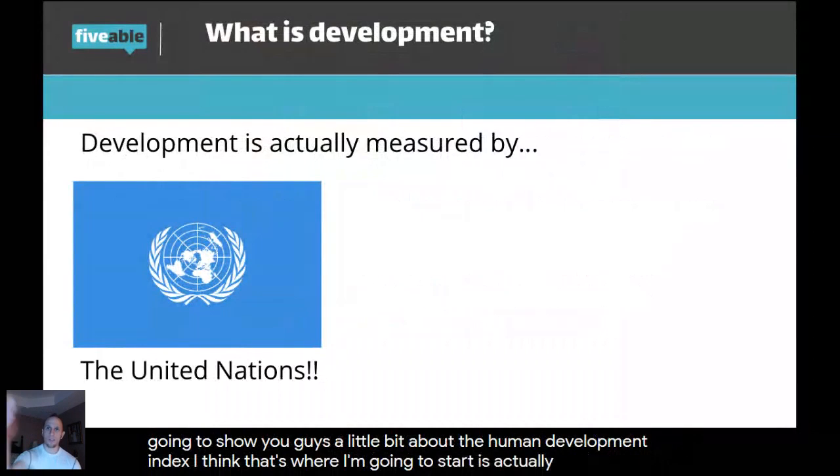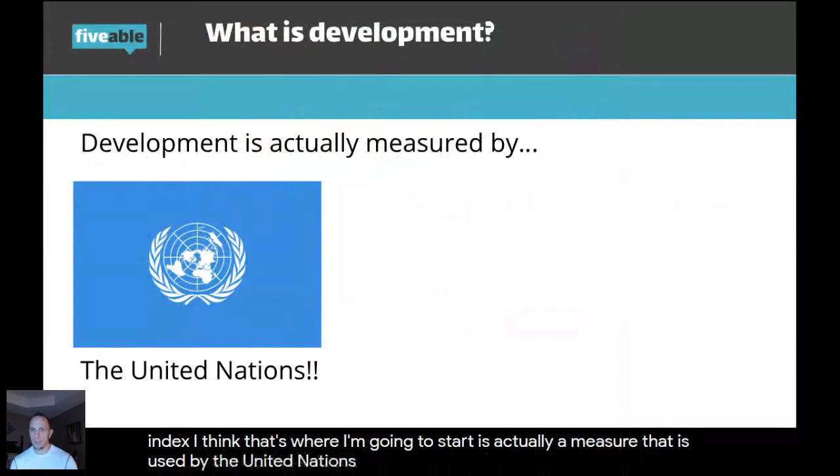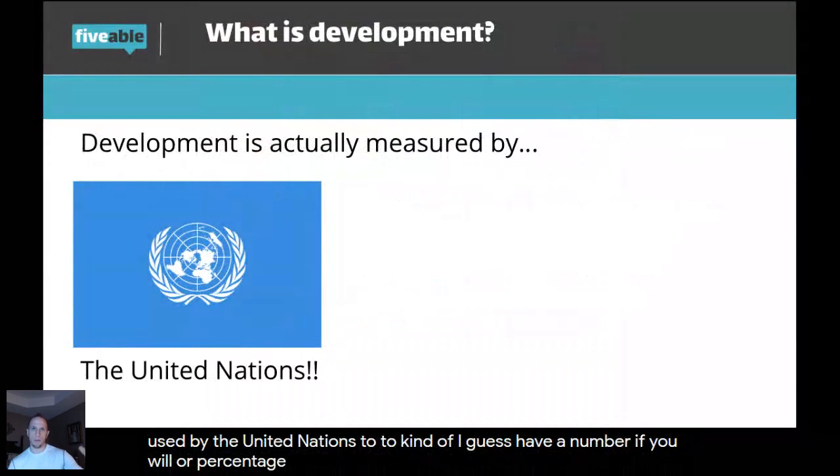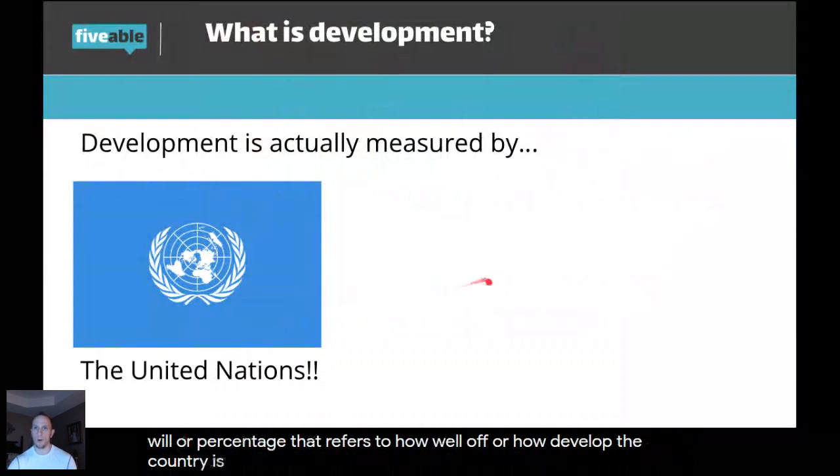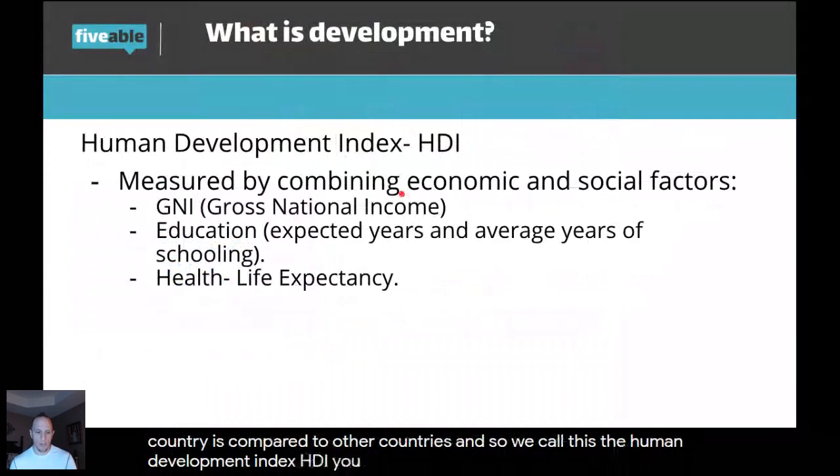It is actually a measure that is used by the United Nations to have a number, if you will, or a percentage that refers to how well off or how developed the country is compared to other countries. And so we call this the Human Development Index. All right, so HDI, you'll see it written down, in short, you'll see it written HDI.